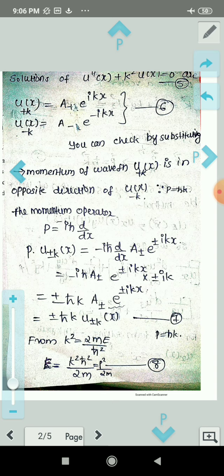Okay, so these are the two solutions, and now the momentum of the wave function u plus k of x. Here there are two wave functions, so one is corresponding to plus k, which is the propagation constant, and another one is corresponding to minus k. So we got two wave functions, isn't it?